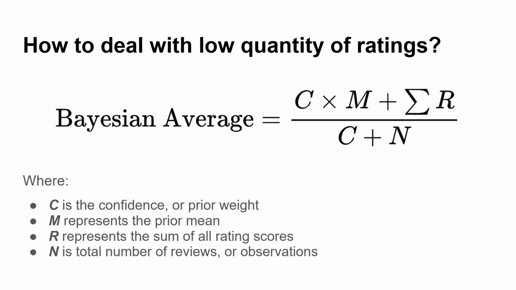To address this issue, we have used a popularity based filtering calculating the Bayesian average. The following formula applies a weighted calculation, where C is the confidence or prior weight, M represents the prior mean, R represents the sum of all rating scores, N is the total number of reviews or observations.